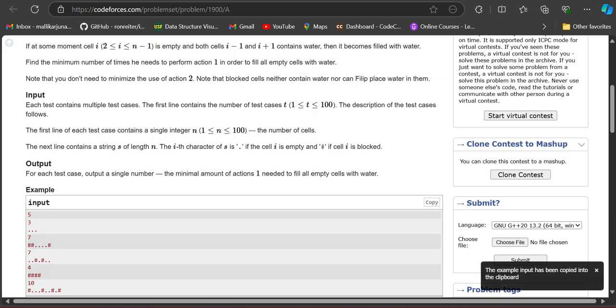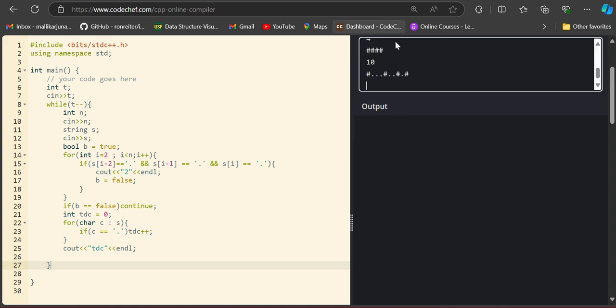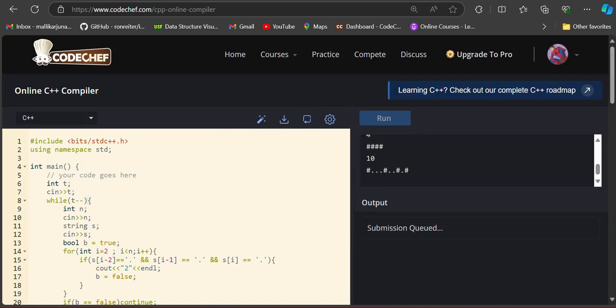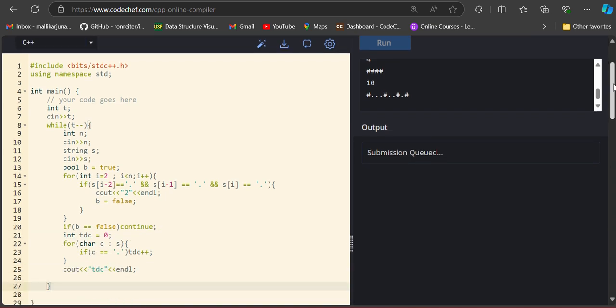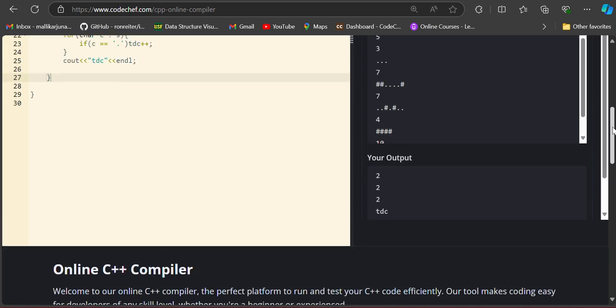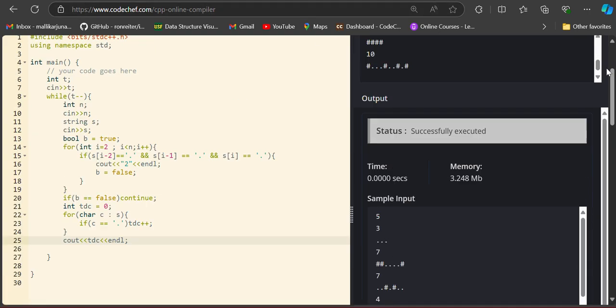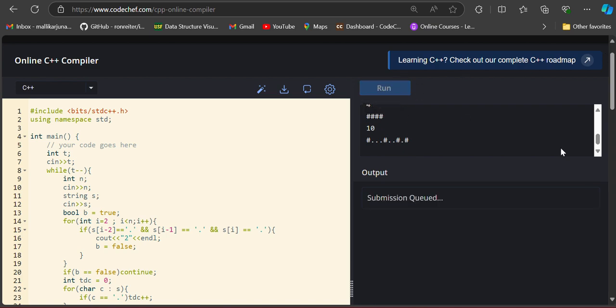Let's try to run. Oh, so I'm just printing the string that we have to return the value which is present in the string.